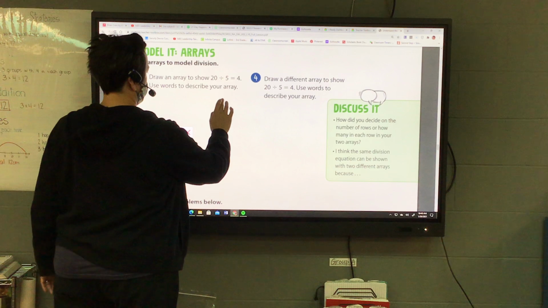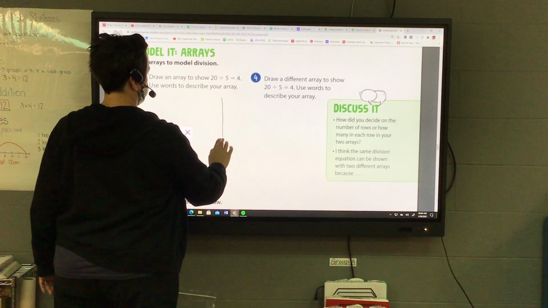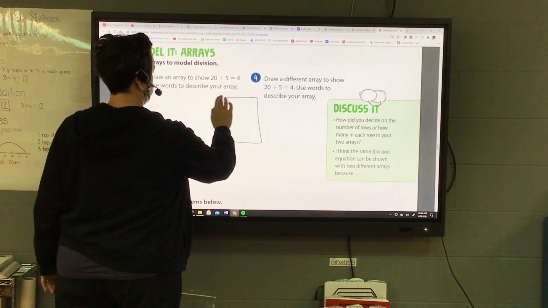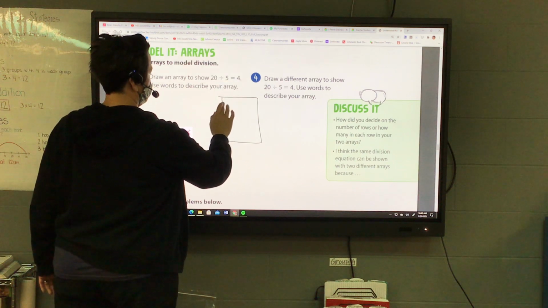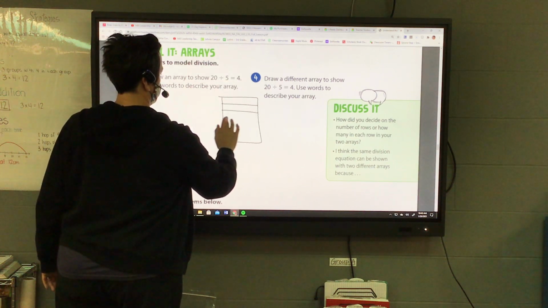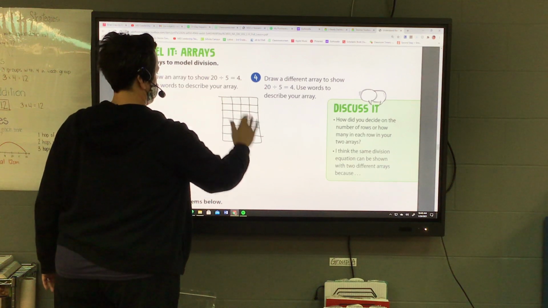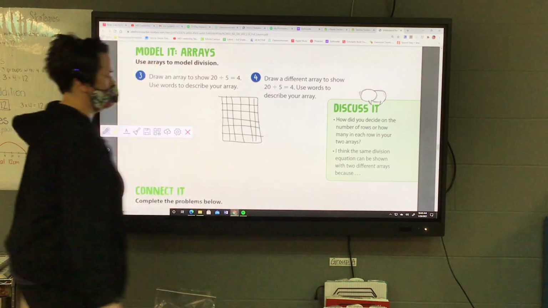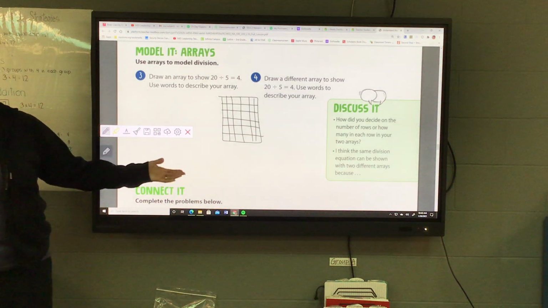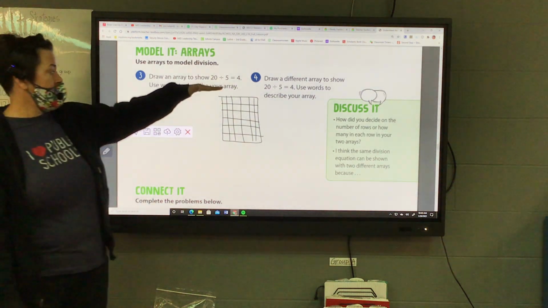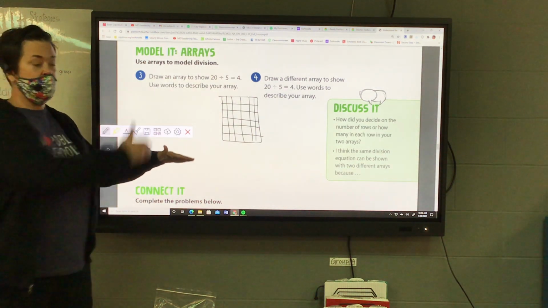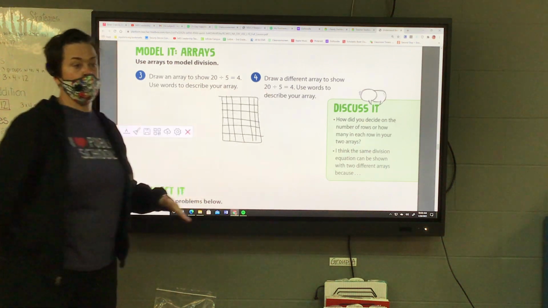What if I did this? It doesn't go with this problem. Is that an array? Yes. How many rows there are, equal numbers in each row.